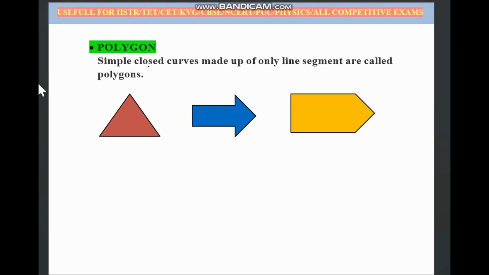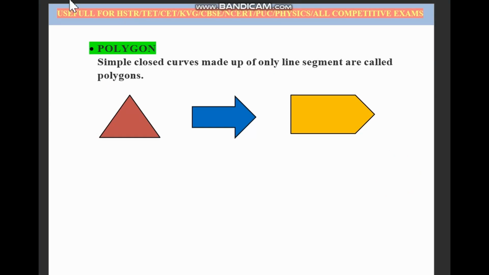Polygon: a simple closed curve made up of only line segments is called a polygon. See here, this is also a line segment, but this is a smooth curve and this is not a polygon. Here, I must say that we must have lines. So this is a triangle, which is a closed curve and it is closed by three line segments.